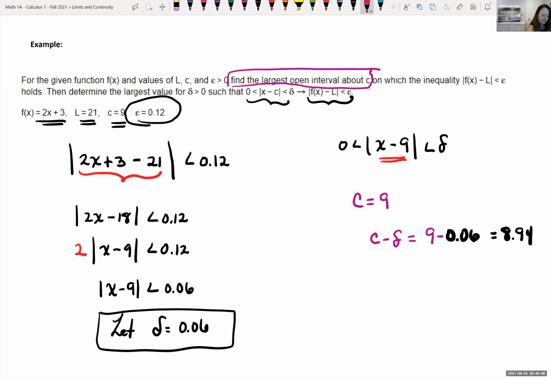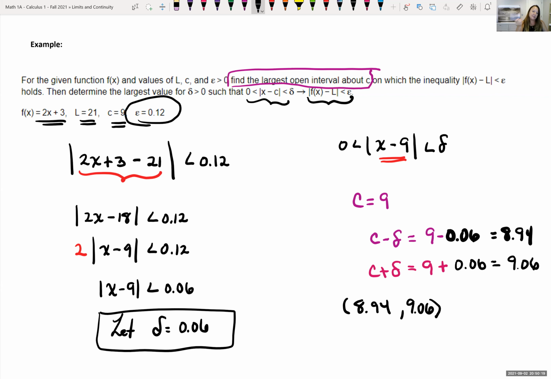And we need to look at C plus delta. This would be 9 plus 0.06, which would give us 9.06. So that interval, the neighborhood of our delta, that 9 value has to be between 8.94 and 9.06. If we choose any x value in there, it should map us into the epsilon neighborhood on the y-axis.